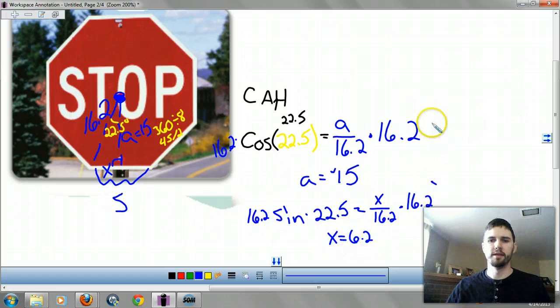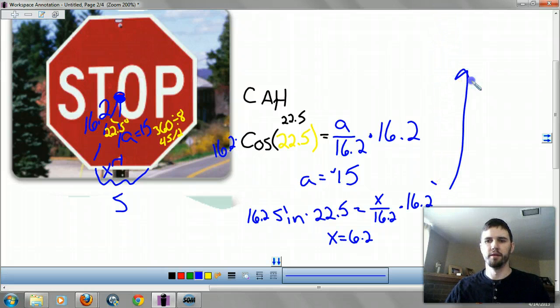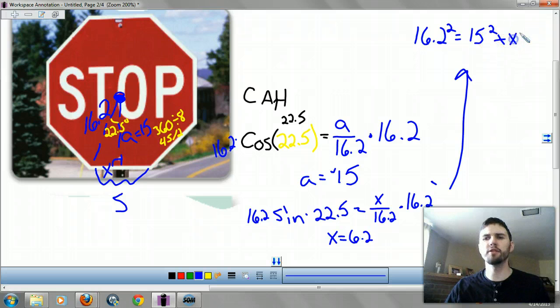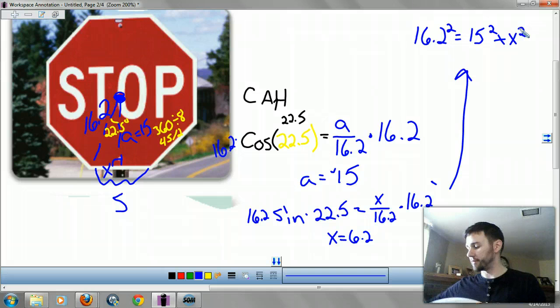The other way to do it would be to do 16.2 squared equals 15 squared plus x squared. Use your good old Pythagorean theorem, right?